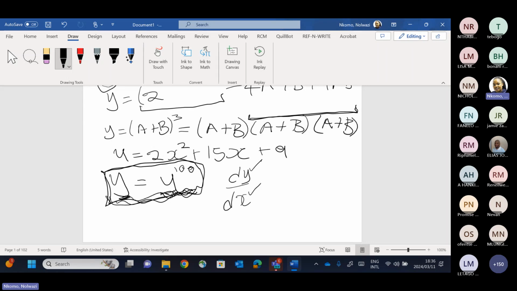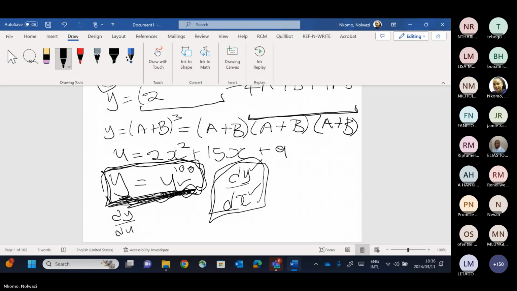But here, our function is in terms of u. So if we differentiate this function, we'll have dy over du, right? Which is not what we want.